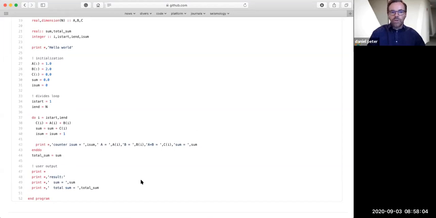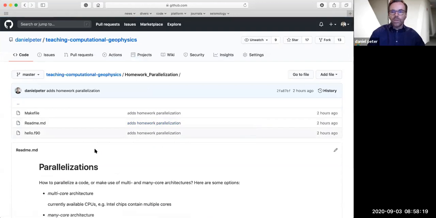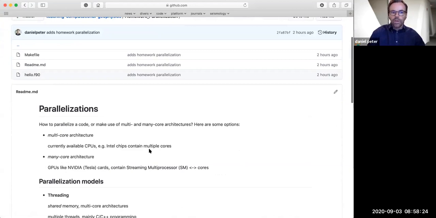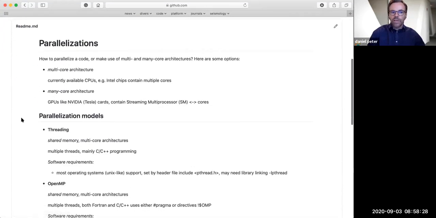See how you could do it in MATLAB, see how you can do it in Python, or Fortran if you like, whatever you prefer. I just want you to start looking into how you can parallelize things in the language you prefer. And the little README mentions what kind of parallelization models there are.